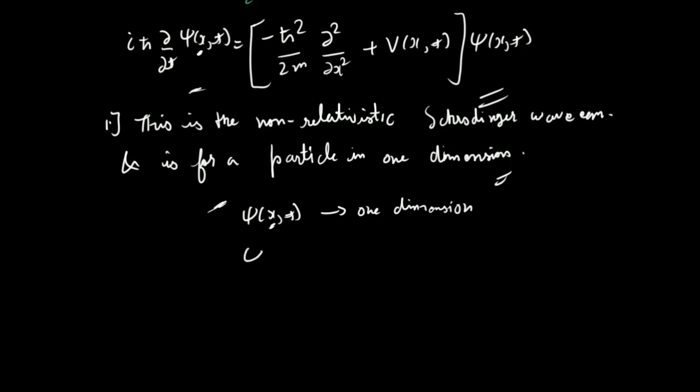But for a particle in three dimensions, we have previously written that in terms of the position vector r, t. This is the wave function in three dimensions, taking the Cartesian coordinates only.